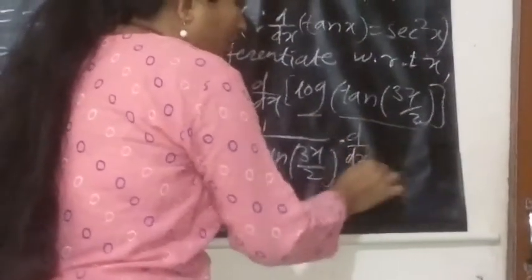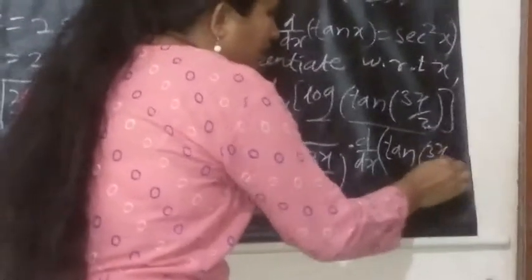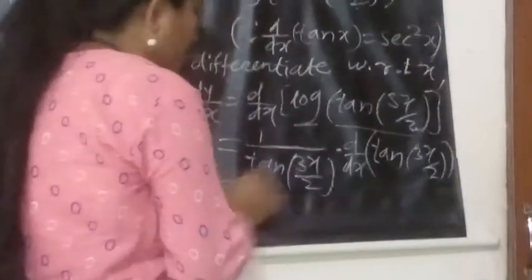d by dx of tan of 3x upon 2. But we know that derivative of tan x is sec square x. But here in the place of x we can write 3x upon 2.